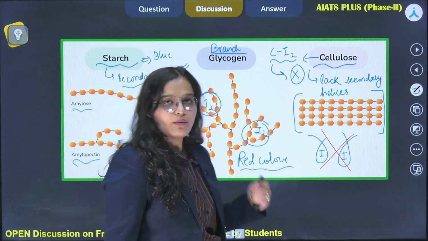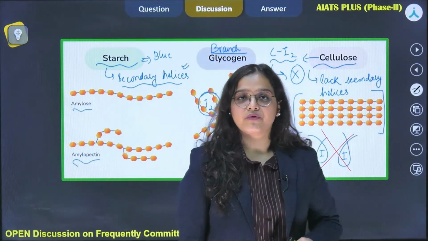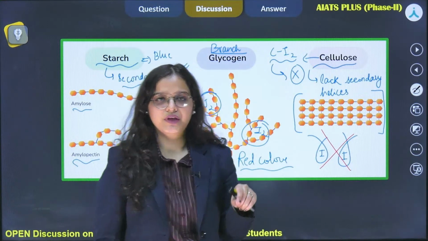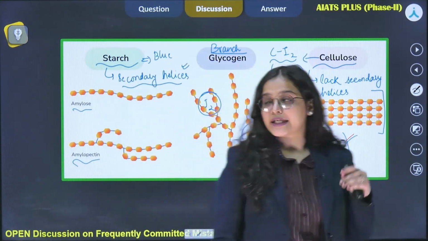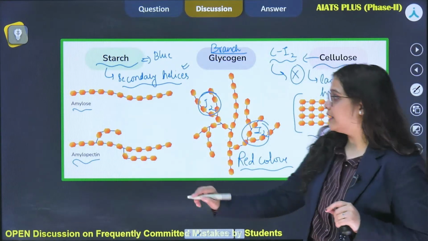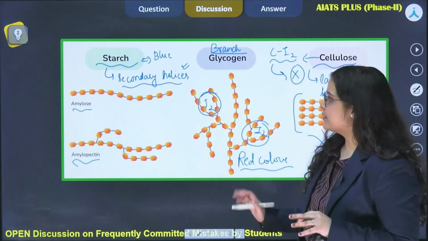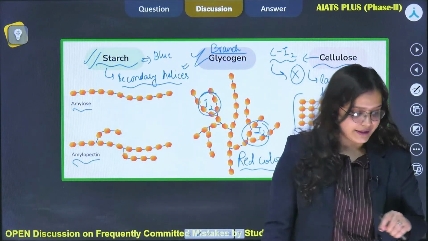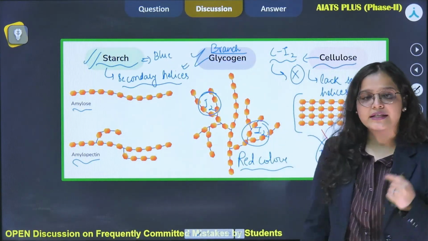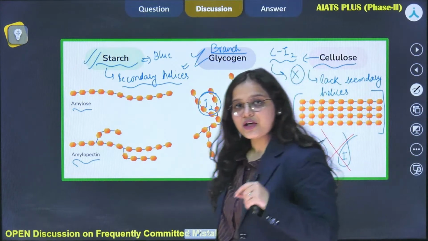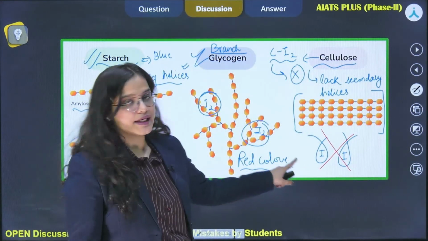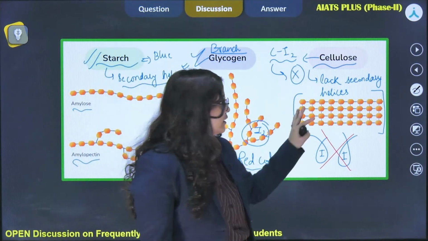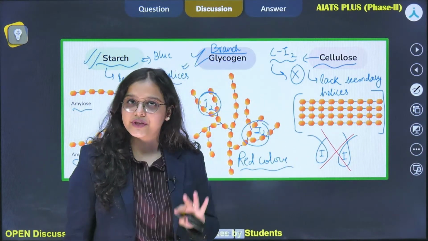So basically the formation of a color complex depends on whether secondary helices are present in the structure of the carbohydrate or not. So we can see very clearly that secondary helices are present in the structure of starch and glycogen, and therefore they give that colored complex, whereas the structure of cellulose is not branched, and therefore it cannot trap the iodine molecule.